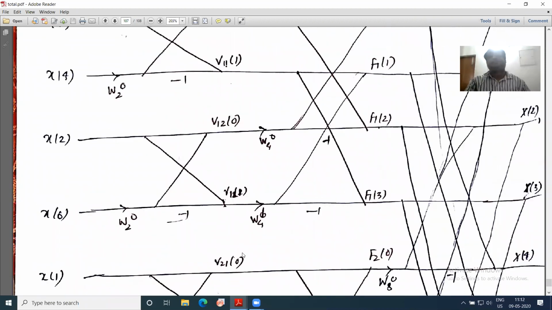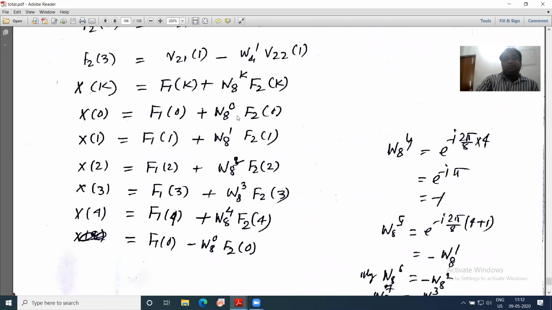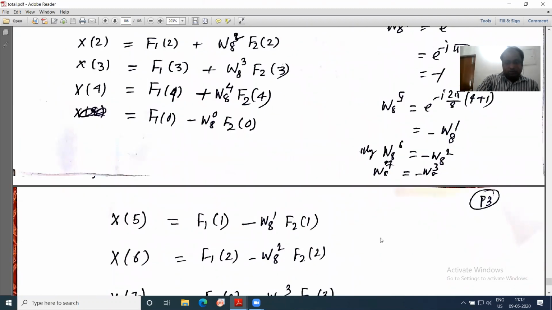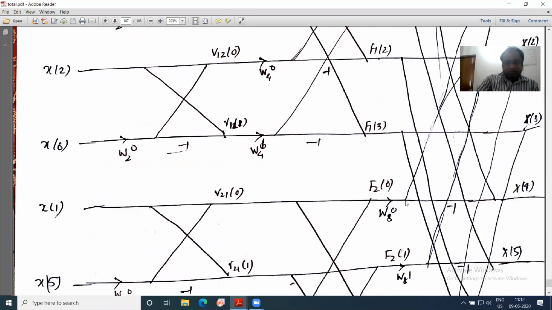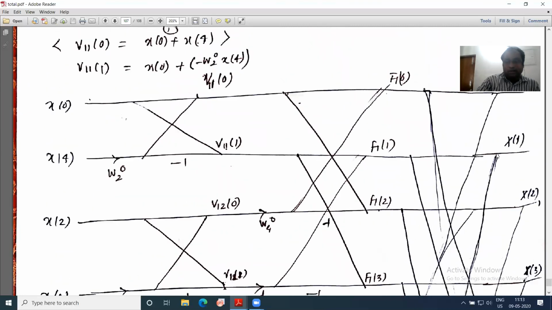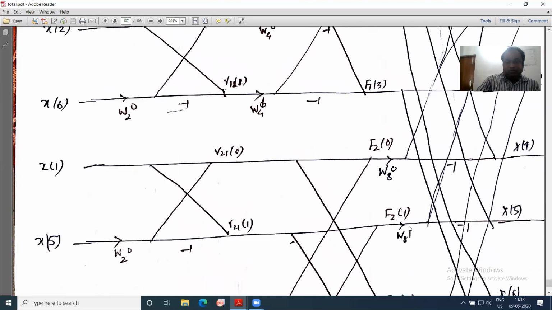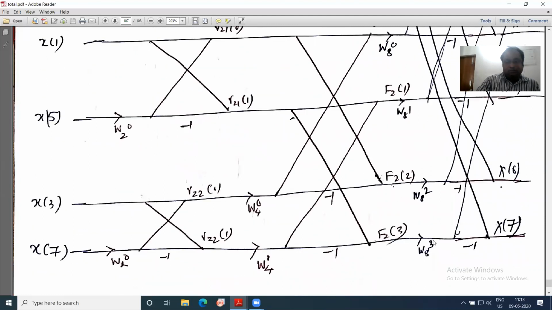Now let us look into that. X is essentially x0 equal to f1 of 0 plus w80 into f2 of 0, right? Similarly, x1 equal to f1 of 1 plus w81 into f2 of 1, and similarly w82 into f2 of 2 and w83 into f2 of 3.